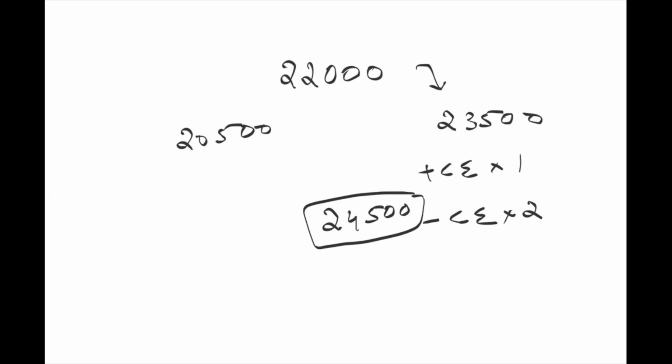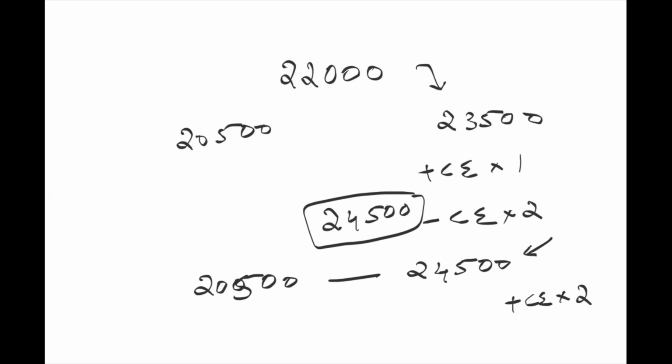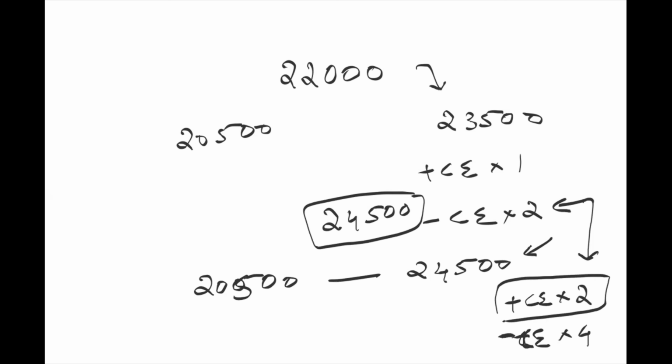So what happened now? The range is increased from 20,500 to 24,500. If it comes to 24,500, what will you do? Buy back the 2 call options which you sold. This one you will be covering here. And then what you need to do is, to finance that, sell 4, minus sign, sell 4 CE, at 25,500.